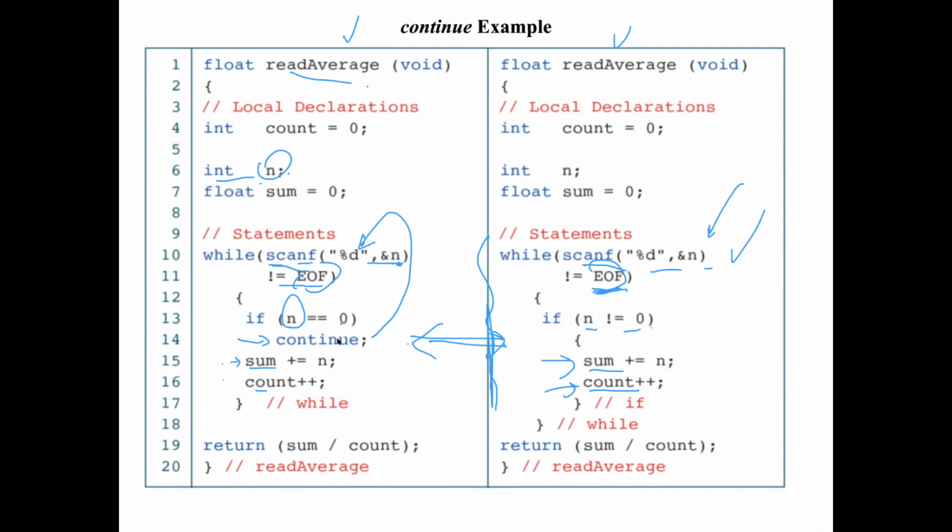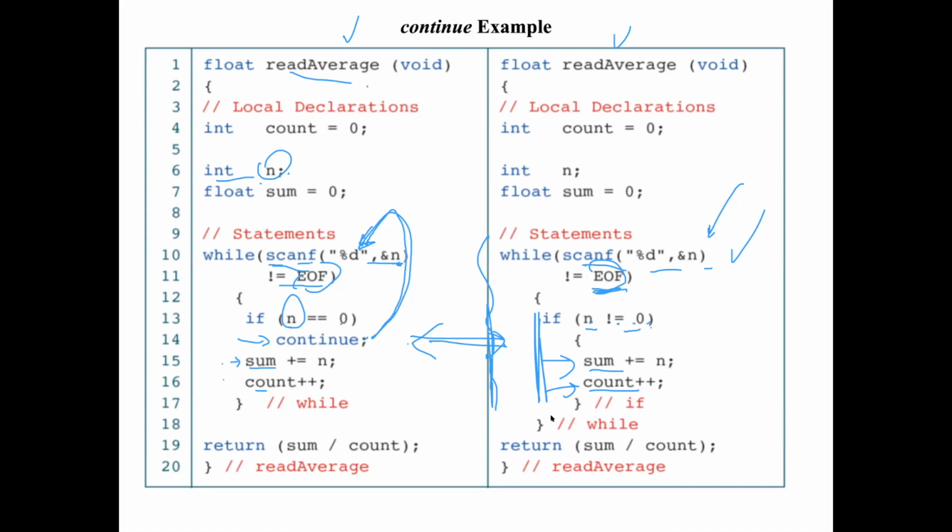The only difference is one involves the use of continue. If n equals 0, there's no point in carrying on. I just want to go back to my reading. This takes the flow of control back into that expression to continue reading. Whereas this one doesn't do that. Instead, it will compute if n is not 0.